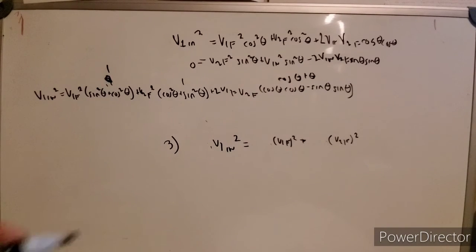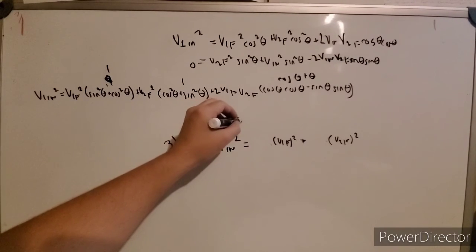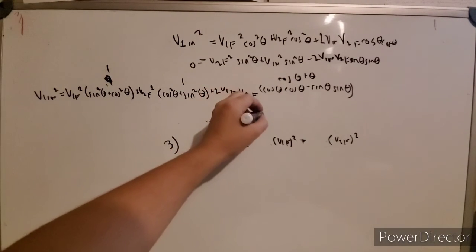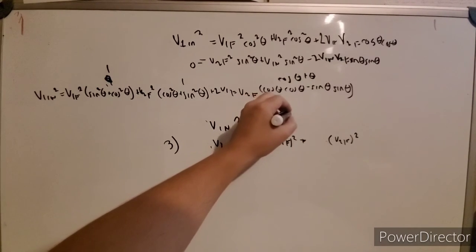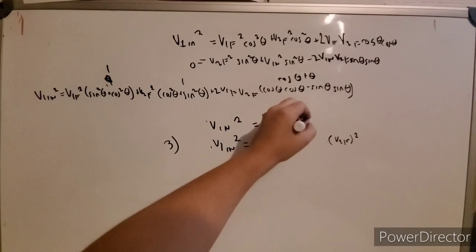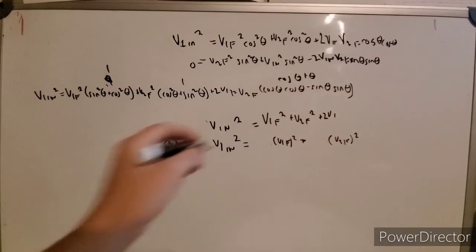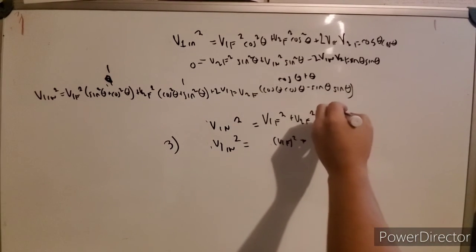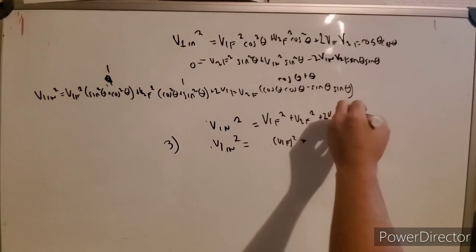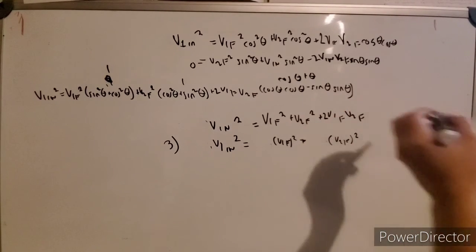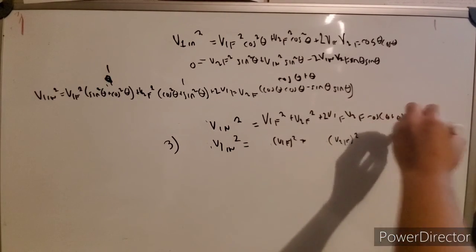So let's rewrite this to make it easier to understand. v1 initial squared is equal to v1 final squared plus v2 final squared plus 2 v1 final and v2 final cosine of theta plus theta.